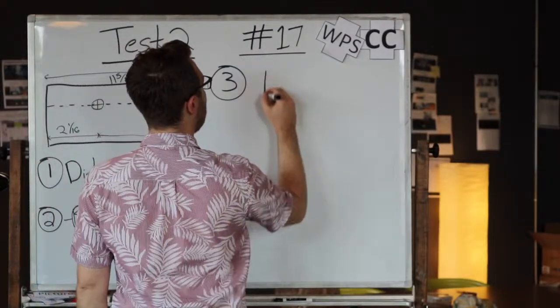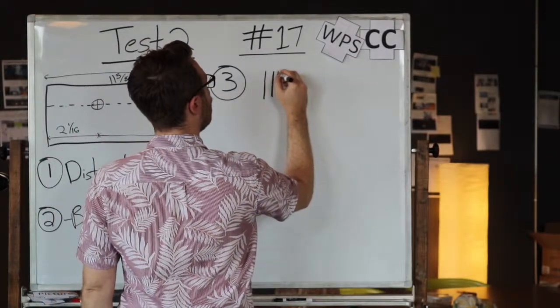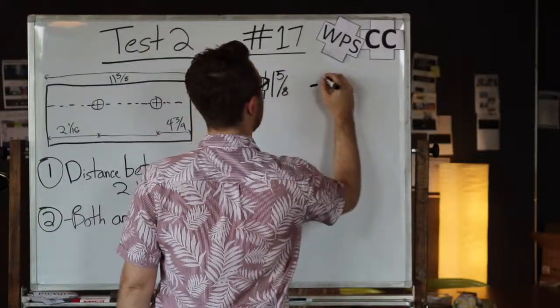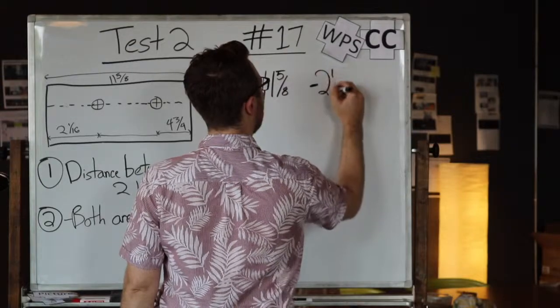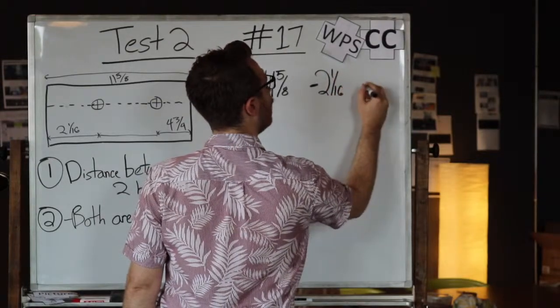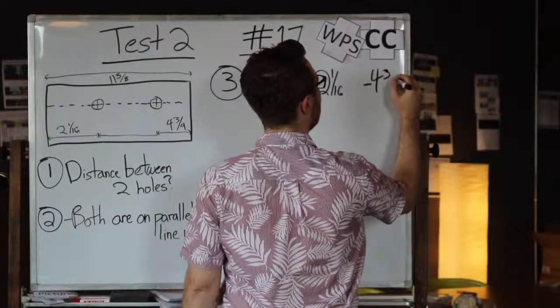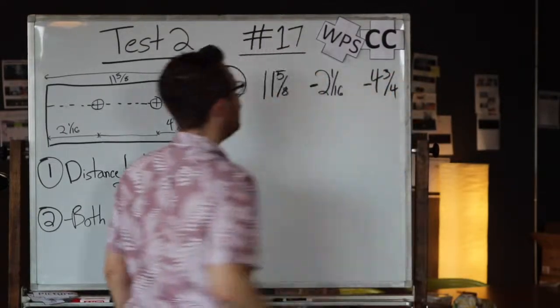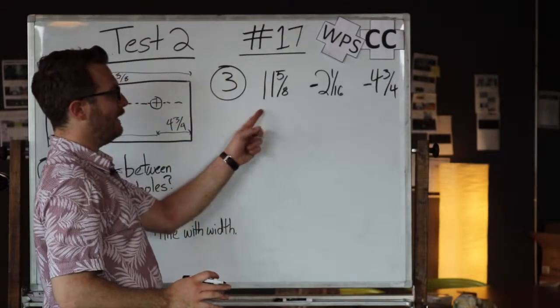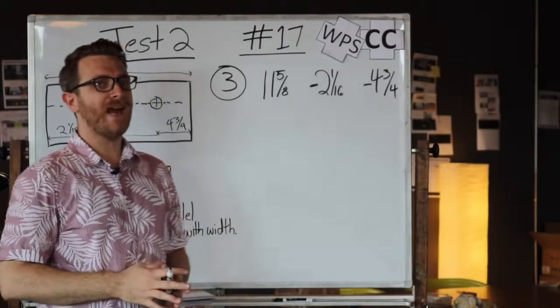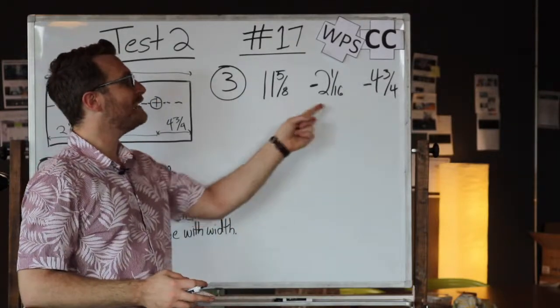Basically what we're going to be doing is 11 5/8 minus 2 1/16 minus 4 3/4. Now what I'm going to do here is I want to subtract each of these, but the problem is, as complex fractions, they do not have the same denominator.